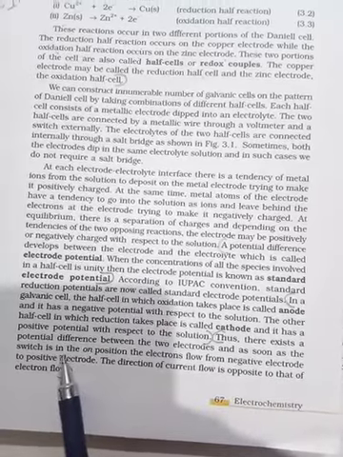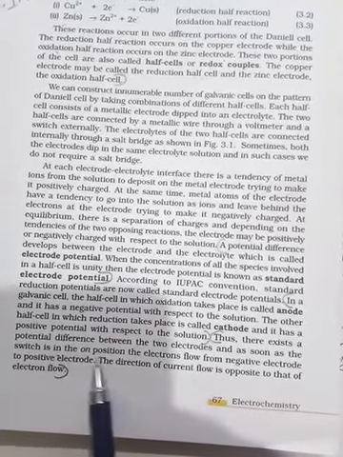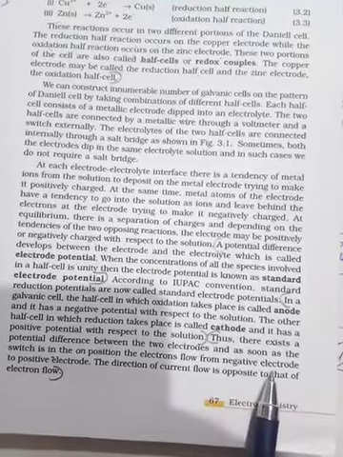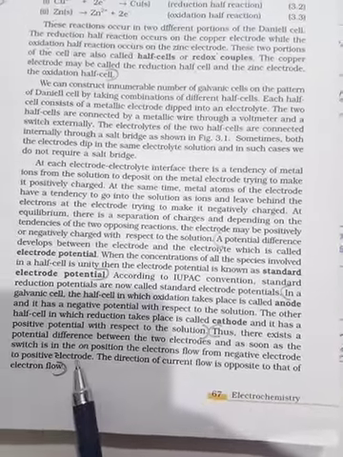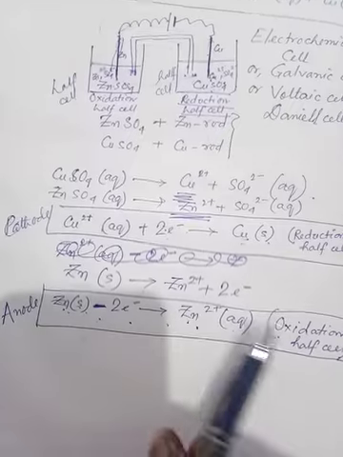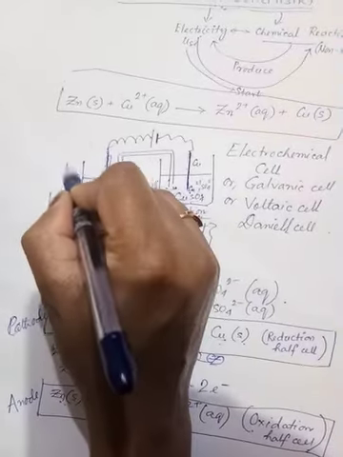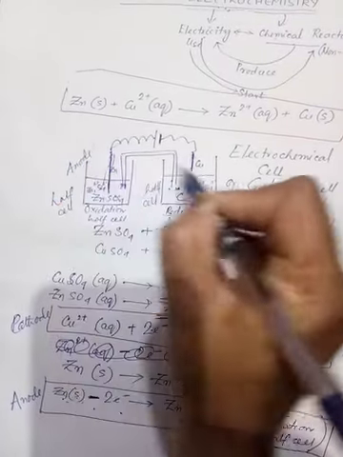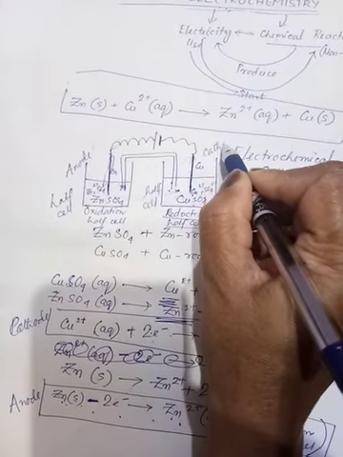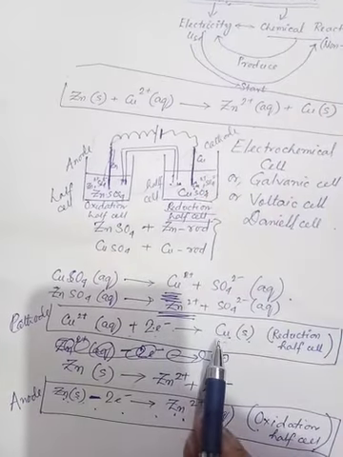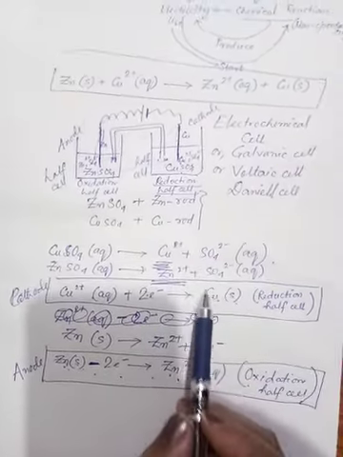As soon as the switch is in the on position, the electrons flow from the negative electrode to the positive electrode. So here you can see, if this is the anode and this is the cathode, the anode is the negative electrode and the cathode is the positive electrode.